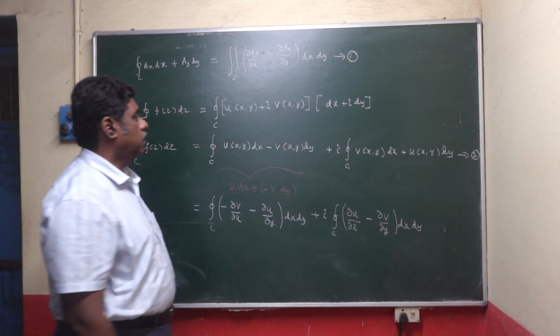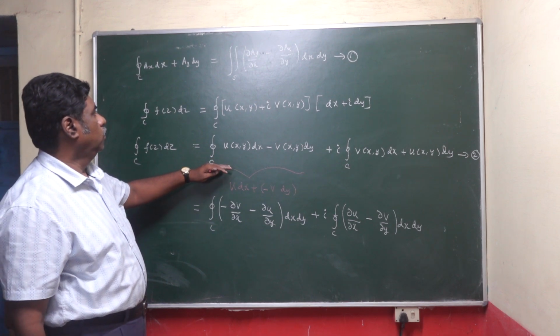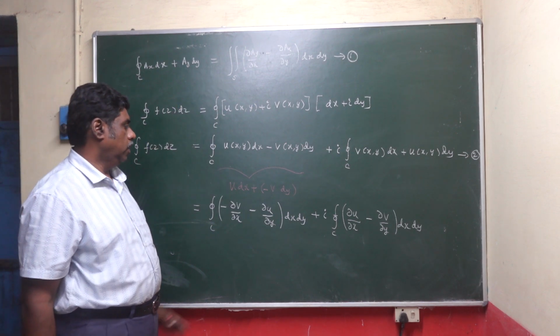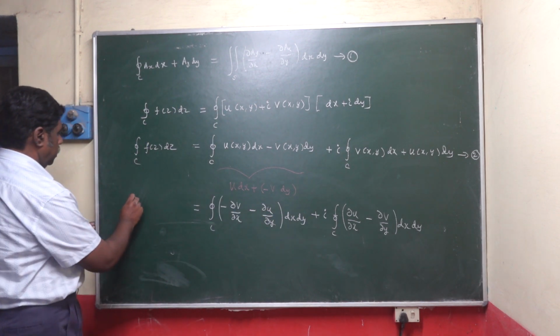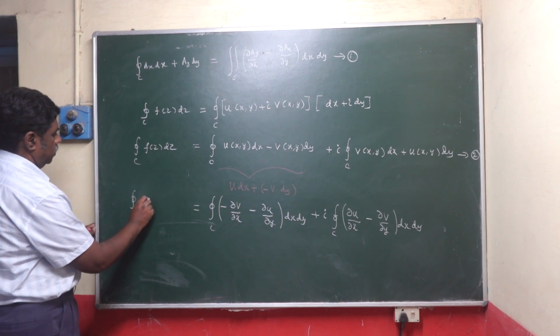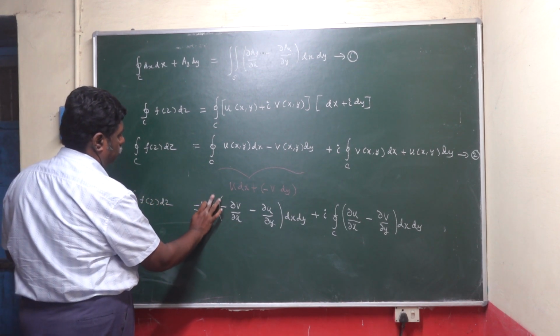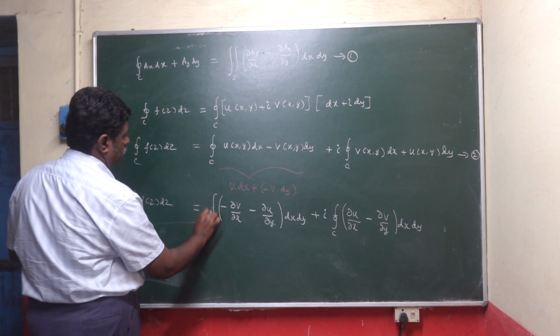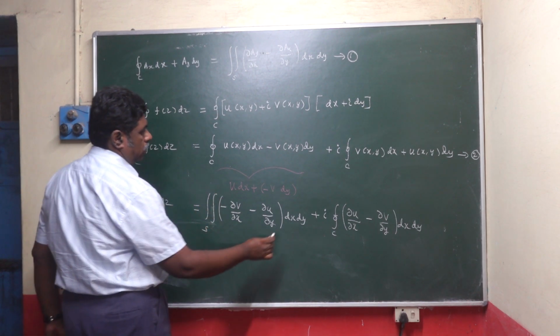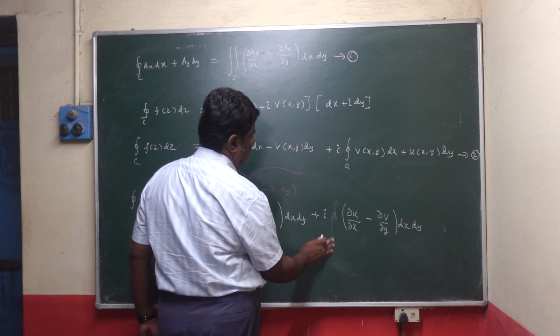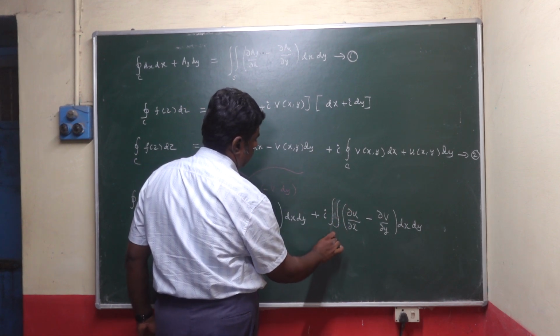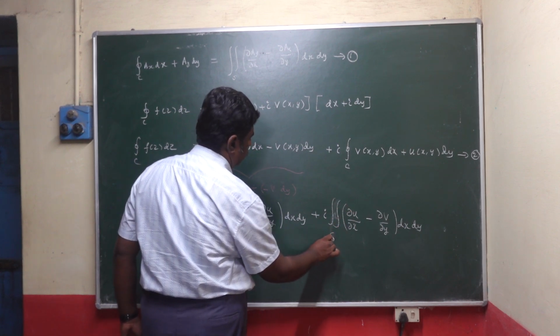I have compared equation 2 with equation 1 and then we have developed this equation. This is f of z dz. Here we have to use surface integral, not line integral. This is surface integral.